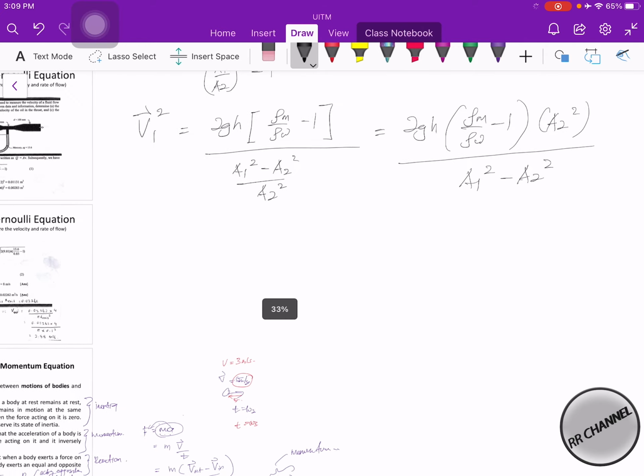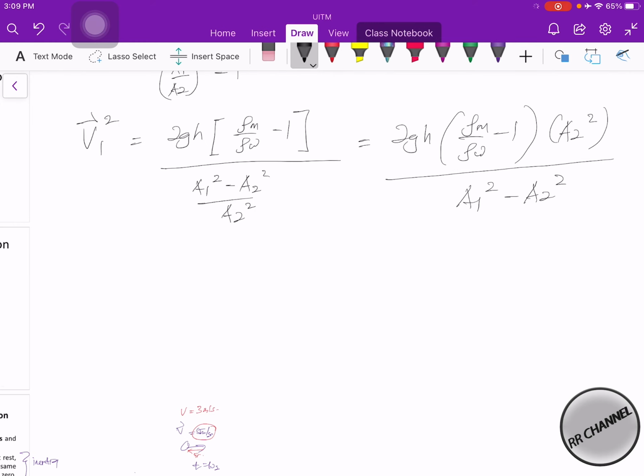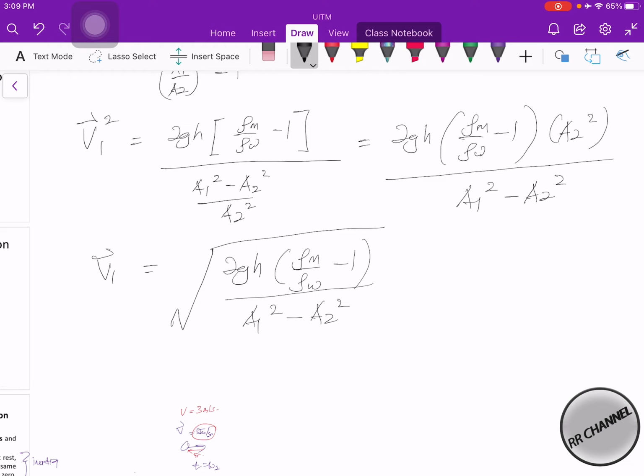So your V1 is equal to the square root of 2g h times rho mercury over rho of the water minus 1, divided by A1 square minus A2 square, times A2.